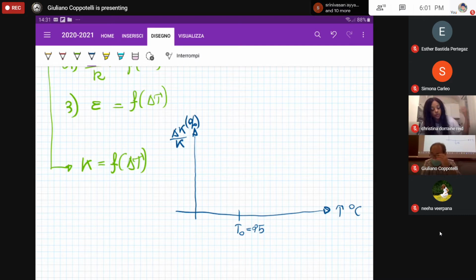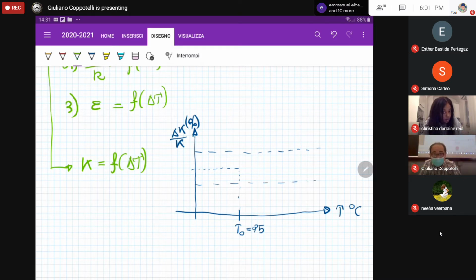And for that value, of course, there is no change at all of the strain gauge factor. What we can see, generally speaking, is that by changing the temperature, we are having a sort of behavior that is of this shape. For example, we have something like this.